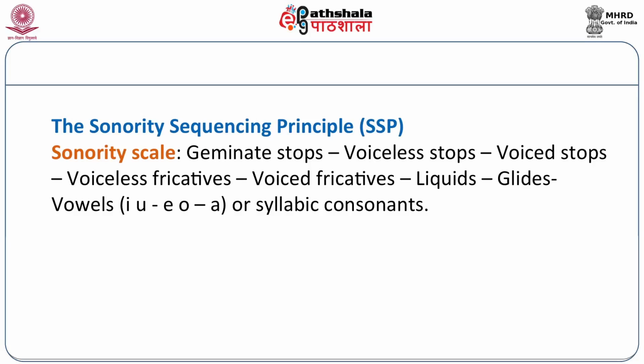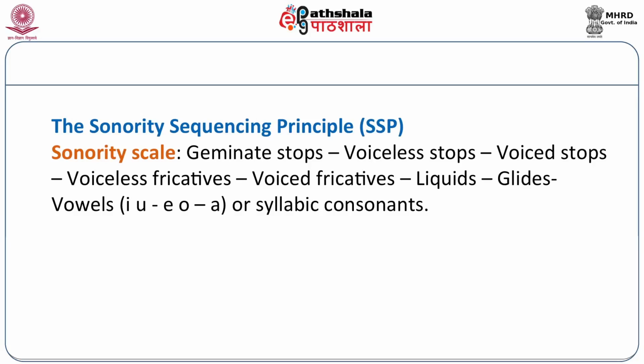We also have proposals for specific sonority scale within these groups. For example, for vowels, we are told e, u is less sonorous than a, o, which are less sonorous than a. Now that is the sonority scale usually accepted by phonologists.